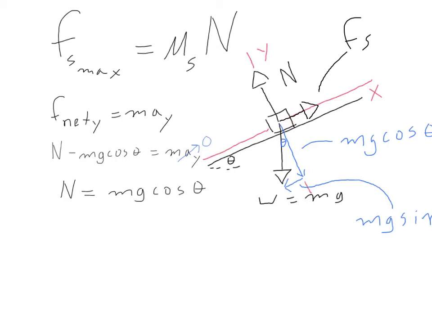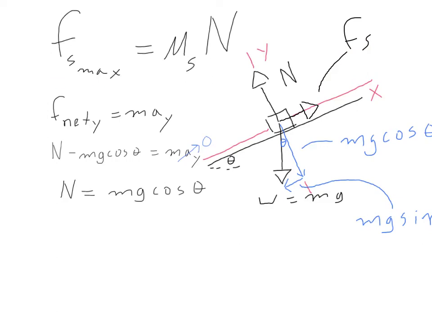Now the reason why we need to calculate Fs max is that we know the normal force and we know the static friction coefficient, so we know a number there. We can compare that number to the value of mg sine theta. If mg sine theta is smaller than the maximum possible static friction force, then we know the block is in fact stuck.